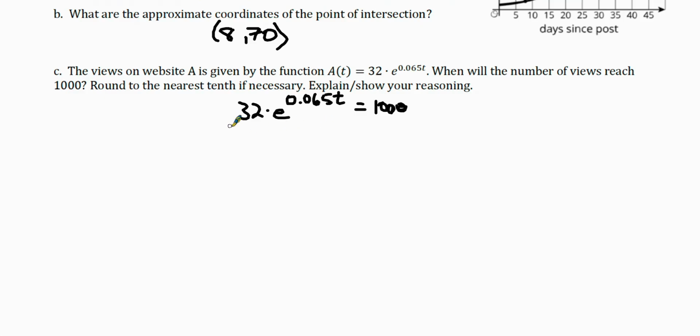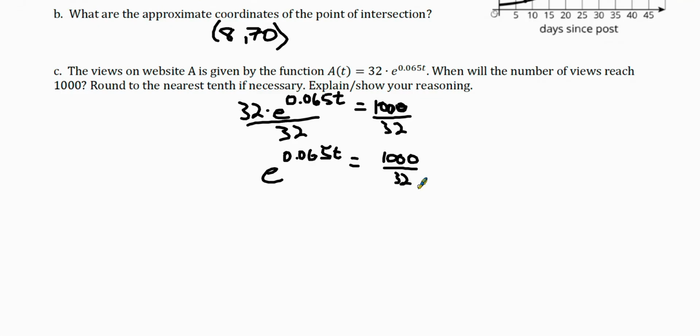So to solve, start by dividing both sides by 32. So e to the 0.065 t equals, now I'm not even going to bother putting this in the calculator yet. I'm just going to leave this as 1,000 over 32. I don't want to try to round an intermediate step here.